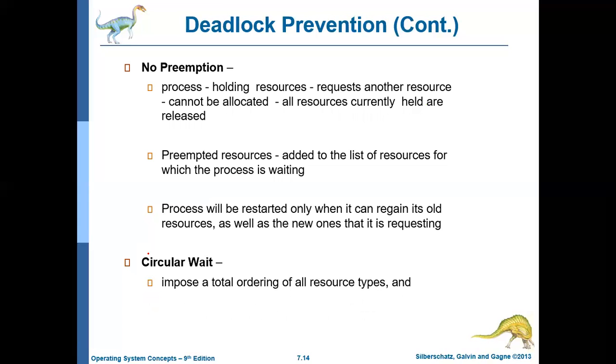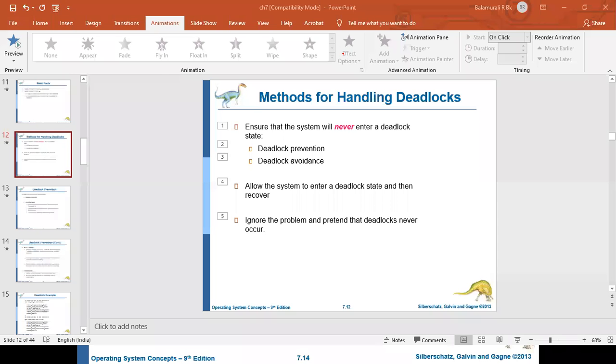First, impose a strict, total ordering of all resource types, and then process requests for the resources will be satisfied in increasing order of enumeration. So what does it mean?